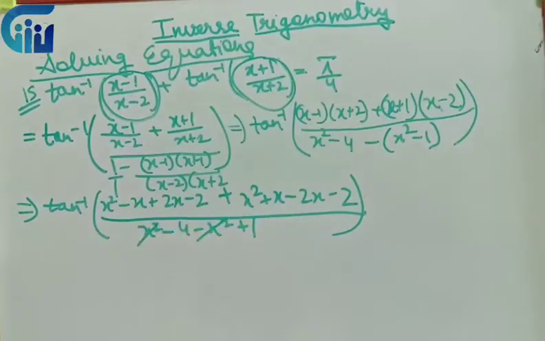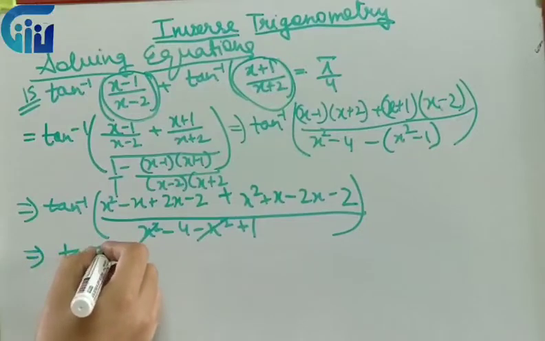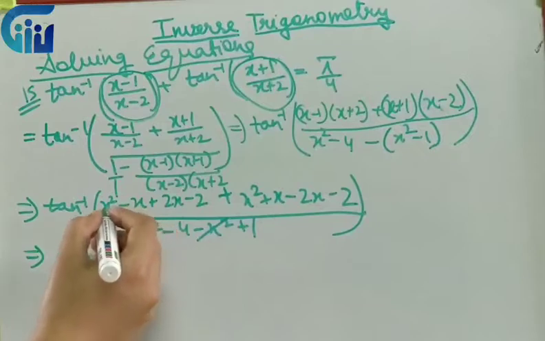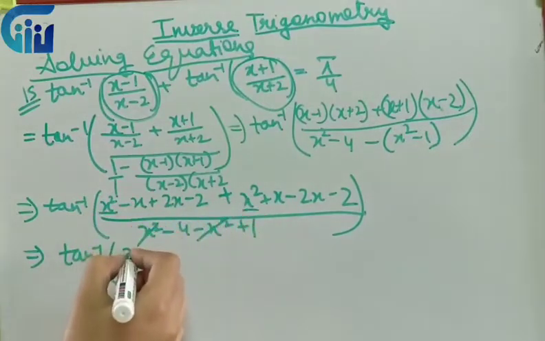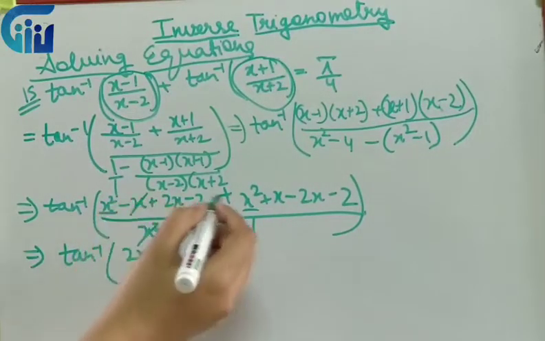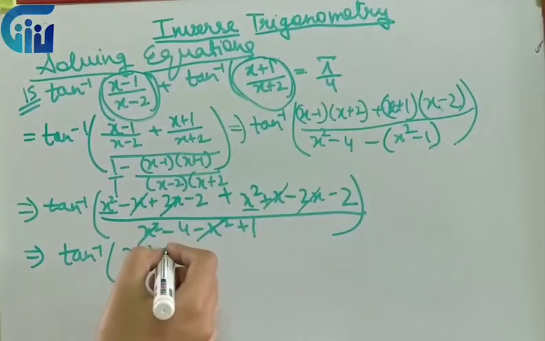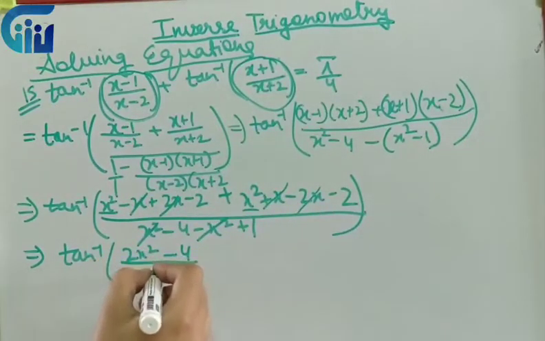So this and this will get cancelled. In the numerator we will get 2x square minus 4, because the x terms cancel, and in the denominator I will get minus 3.